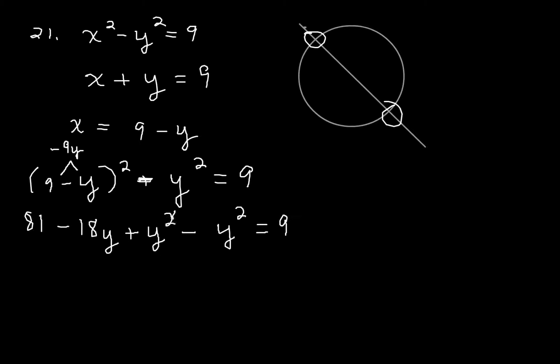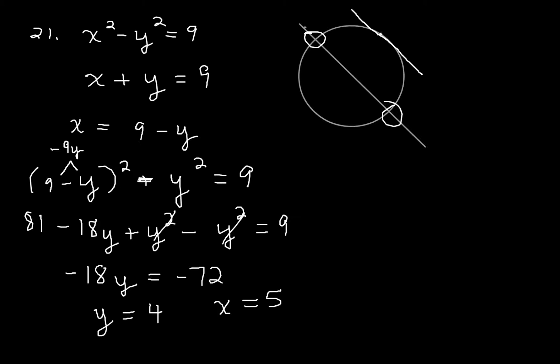And these are going to cross out, and we get negative 18y equals negative 72, and you get y equals 4. And then you just put the other one back in. I guess this line only went through one point because we're not getting two solutions. So we put the 4 in here and we get x equals 5. So it looks like the circle only intersected in one point instead of two. So it must have been more like a tangent line.